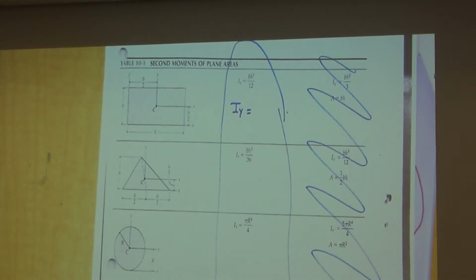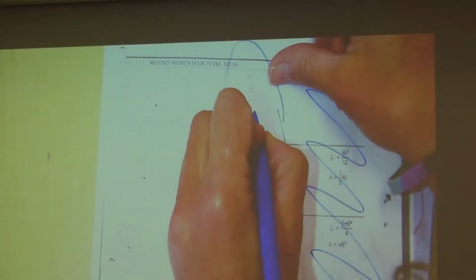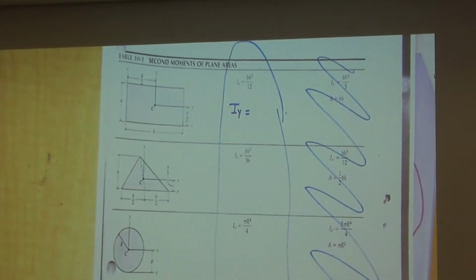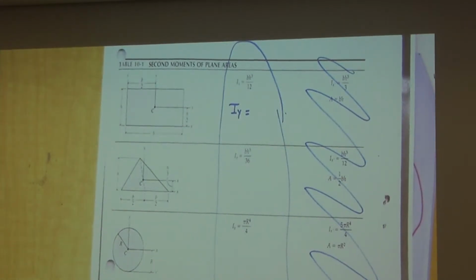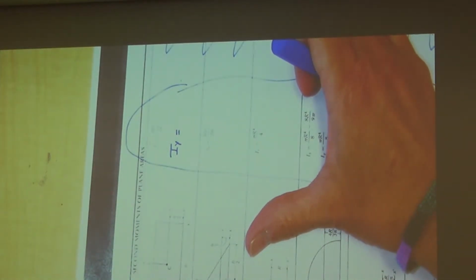Now in statics, they don't make the equation h cubed b. They don't say h times b cubed. What they do is they just rotate the picture and say, oh, well here's my base and here's my height. So it's the same equation. Did everybody get that?